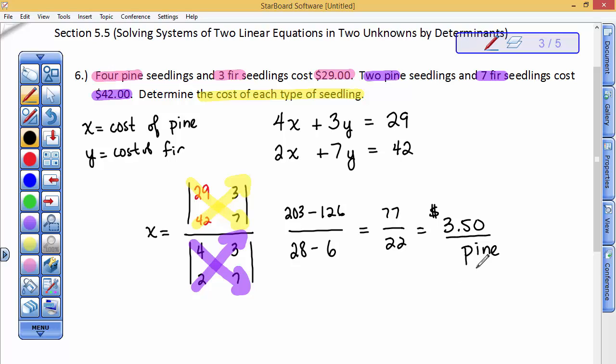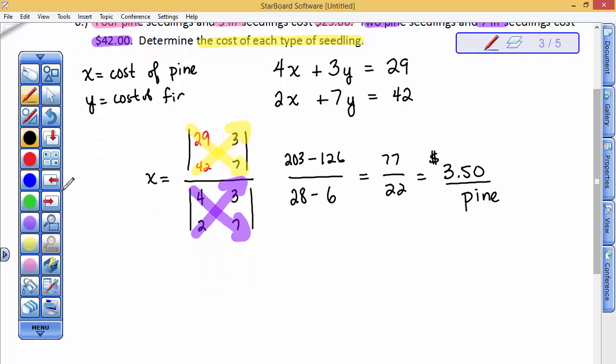I could now take that solution and put it in for X in either of these equations. That's option number 1. Option number 2 is to go ahead and solve for Y. But remember, in the numerator, the C values, the 29 and the 42, will go over here. And then the 4 and the 2 from the denominator will go in the first column.